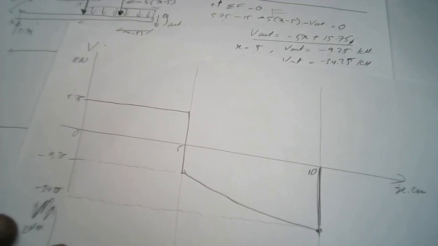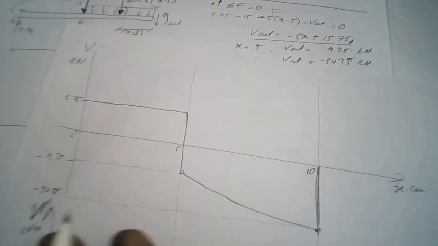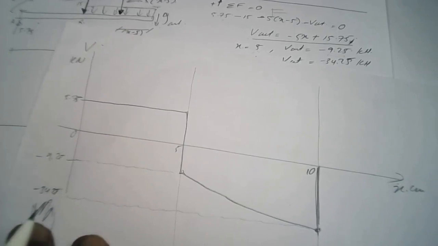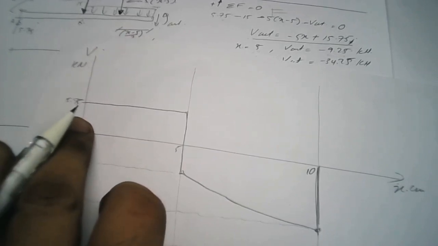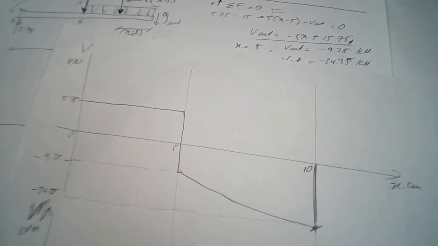Okay, so that is done for the shear force diagram. The maximum value for the shear force is 34.25. It's not 5.75. Negative is just for the direction only. So the maximum is at this point, 34.25 for the maximum shear.